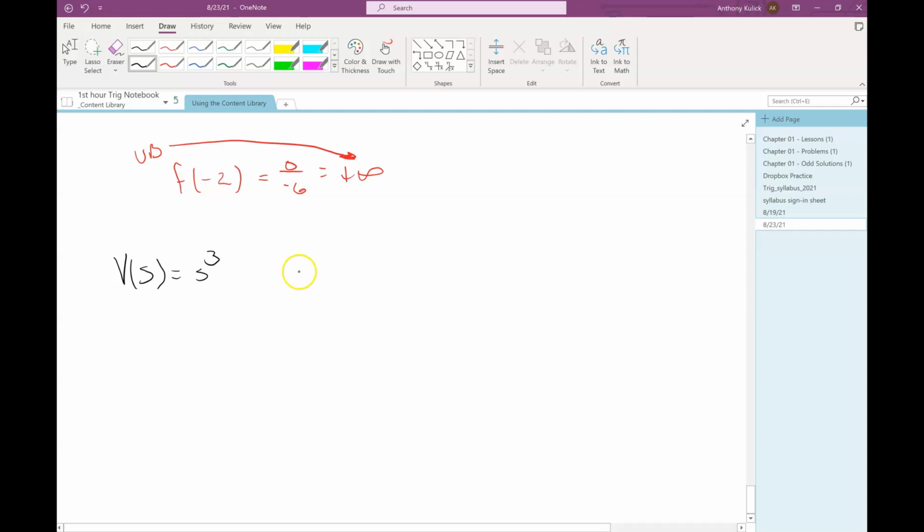So this was our last example. We had this where the domain we said was 0 to positive infinity. Remember, this one had the added context that we were talking about the volume of a cube with edge lengths of s.